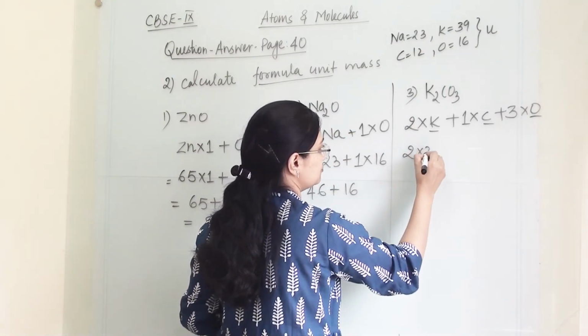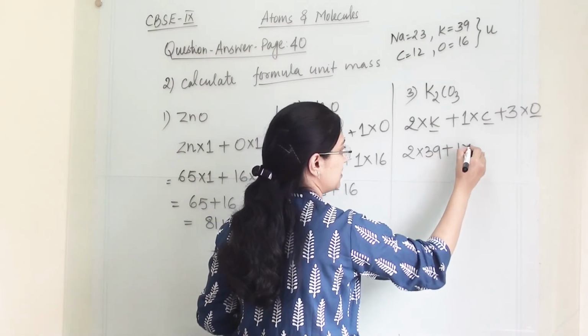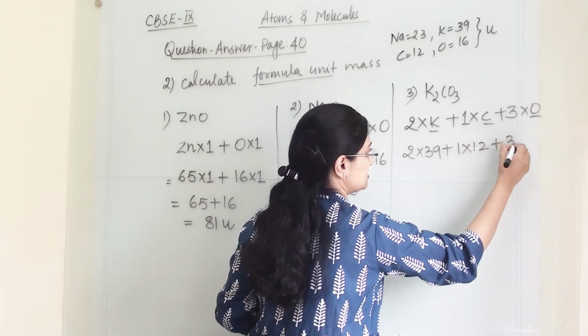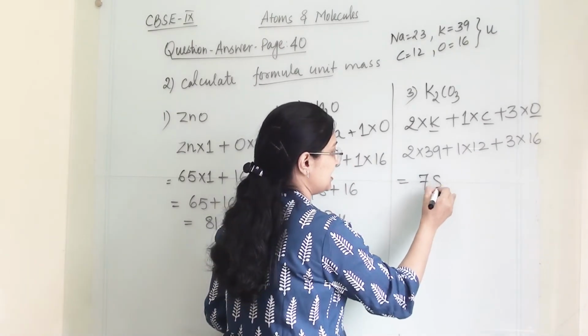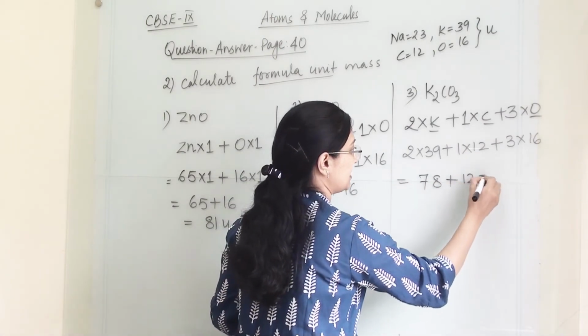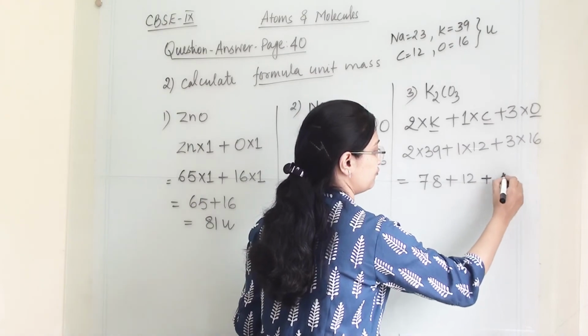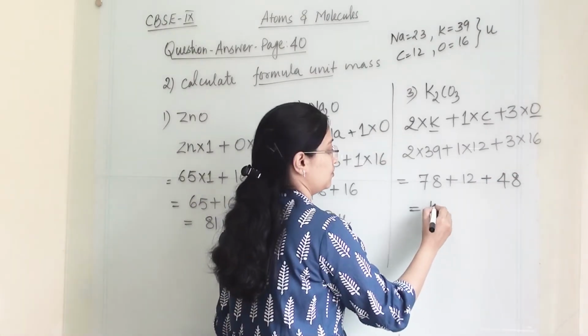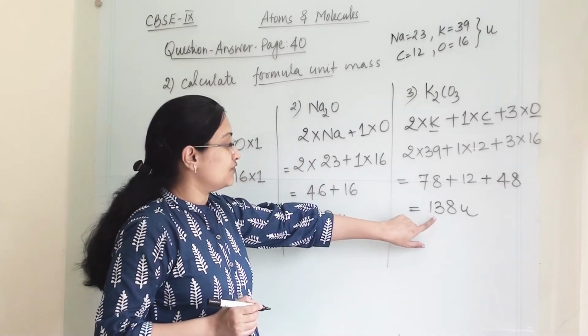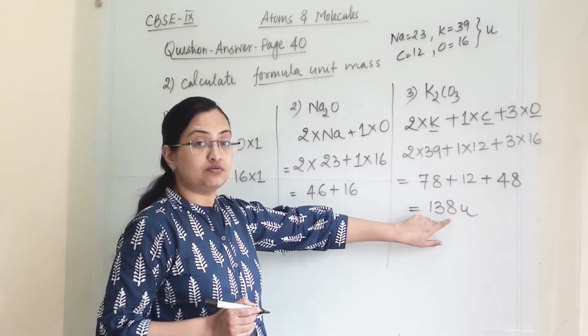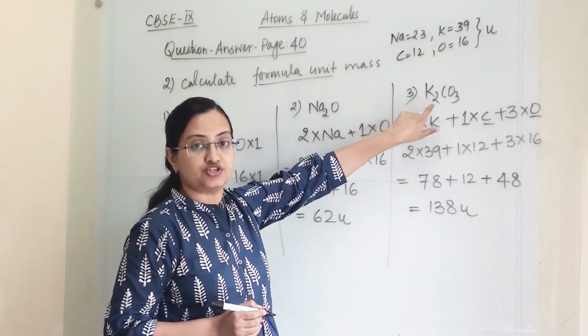So 2 into 39 plus 1 into 12 plus 3 into 16. So here 78 plus 12 plus 48, 138 unit. So 138 is the formula unit mass for potassium carbonate.